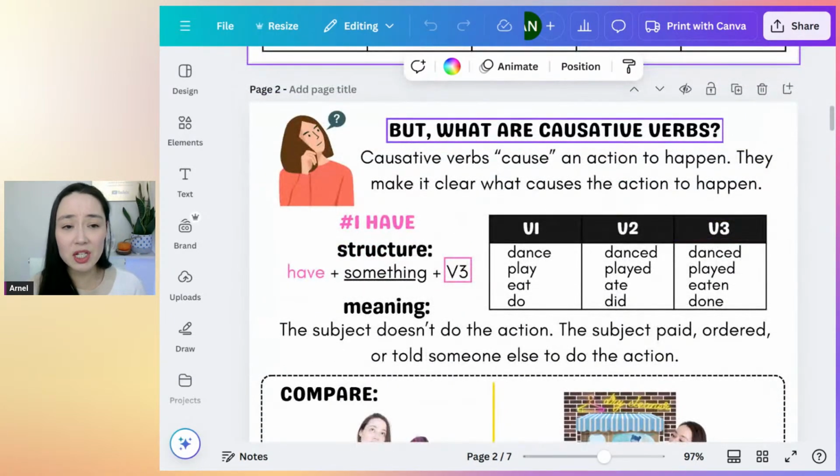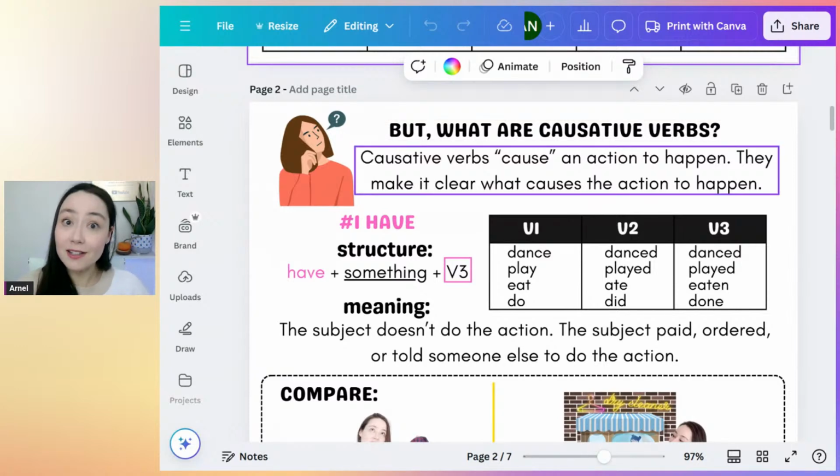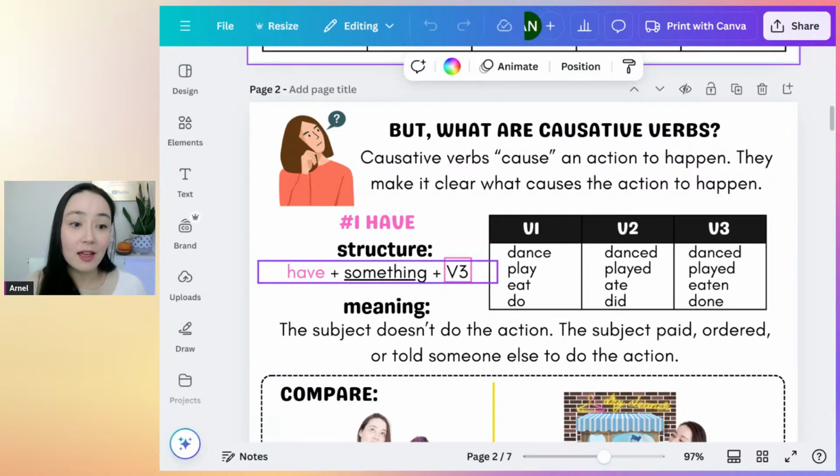This is an important question. You might be thinking, okay, but what are causative verbs? Causative verbs cause an action to happen. They make it clear what causes the action to happen. The first structure, have something plus V3.